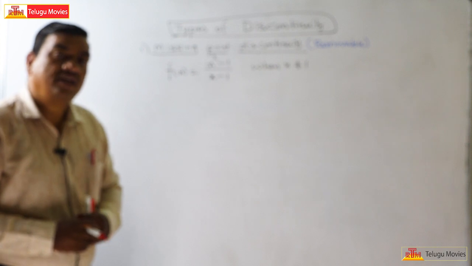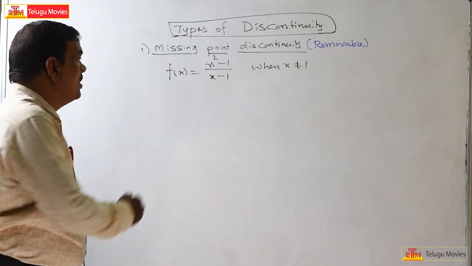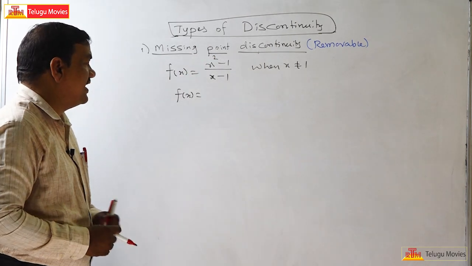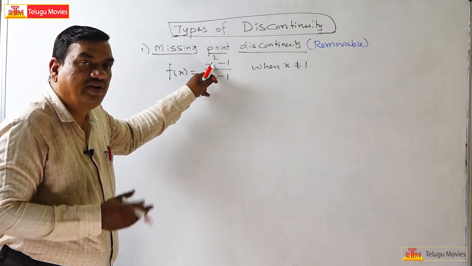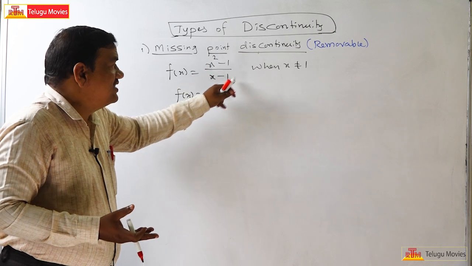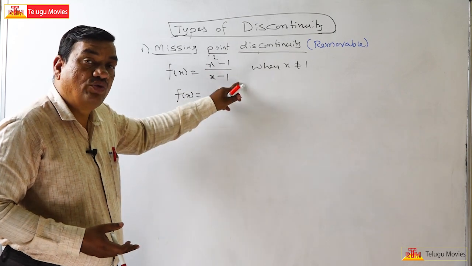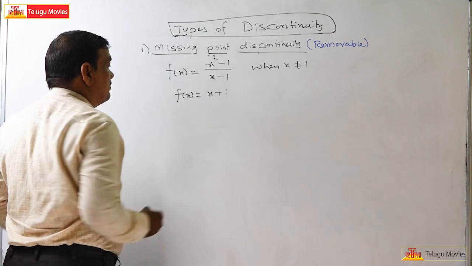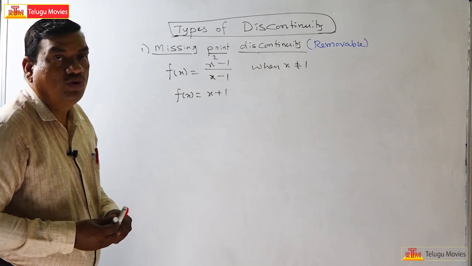Let us observe the graph of this function. f of x is equal to x square minus 1 by x minus 1. We know that x square minus 1 is x plus 1 into x minus 1. Since x is not equal to 1, we can cancel x minus 1, so this is x plus 1. Now let us draw the graph.